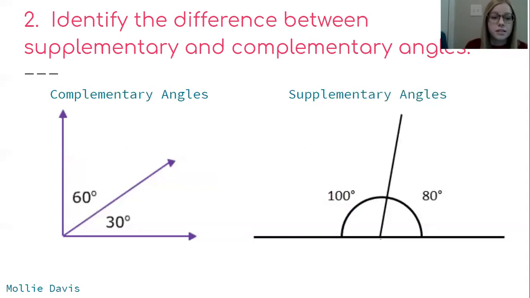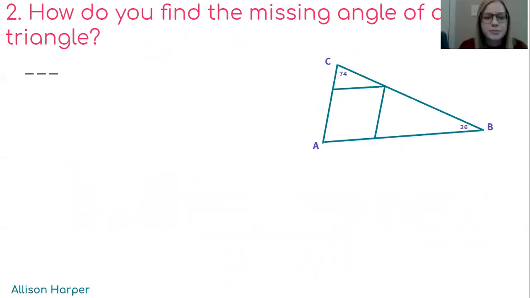So you can see we've got 60 degrees and 30 degrees. And then over here on the right, we've got supplementary angles, which, like just mentioned, is two angles that equal 180 degrees. So that is defining complementary and supplementary angles. You did a good job. Great job. Thank you.